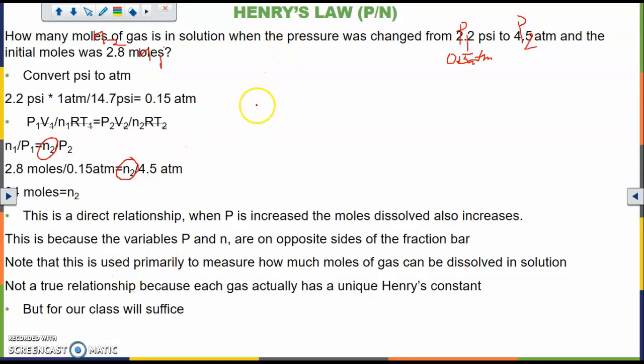So we're talking about partial pressure, right? And we're talking only about an aqueous solution. So if this is an aqueous solution or any other solution, the way that you dissolve gas particles in it is, if you have a container and you put a lot of pressure on it, you are going to get more particles into the solution. Right?